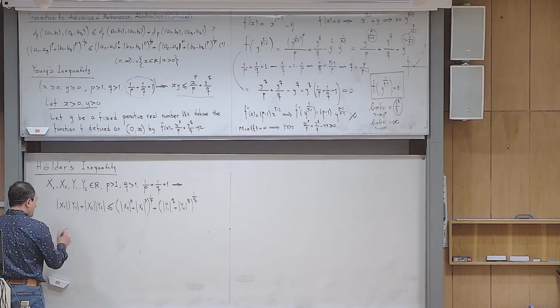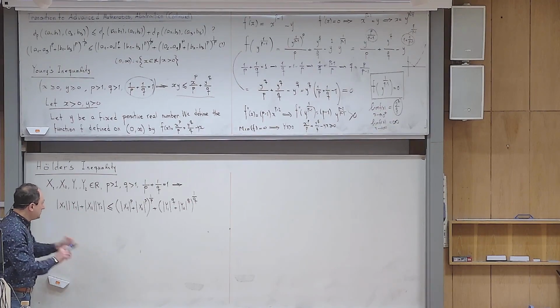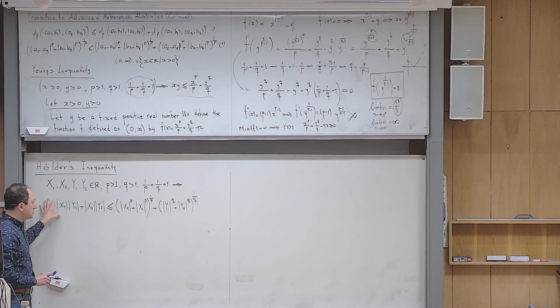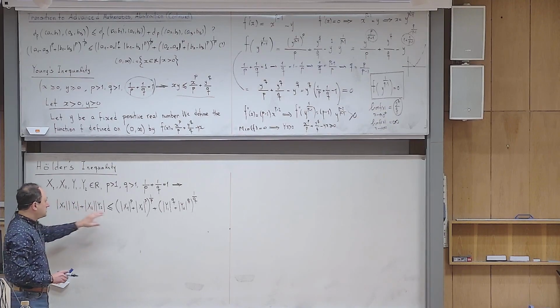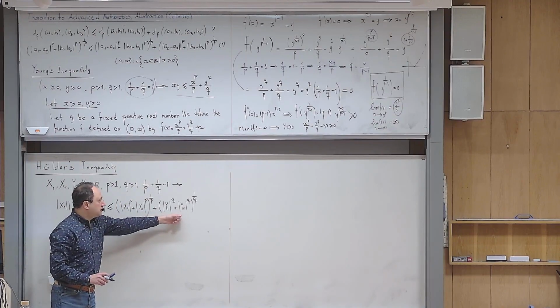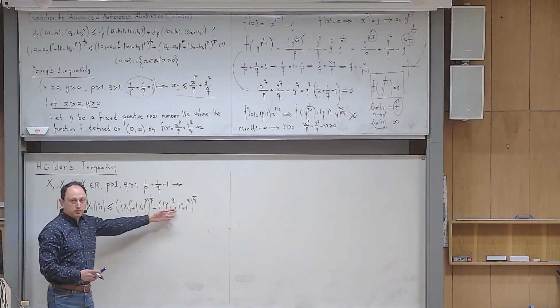So first of all, if x1 and x2 are simultaneously 0, what will happen? I am done, because the left-hand side vanishes, and the right-hand side vanishes, and what is left claims something to be non-negative, which is true because these are absolute values.